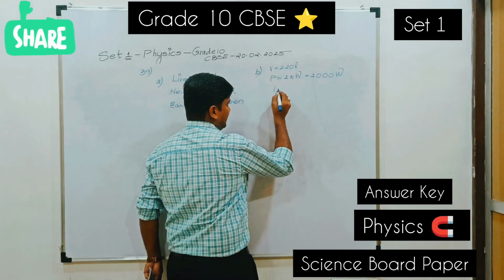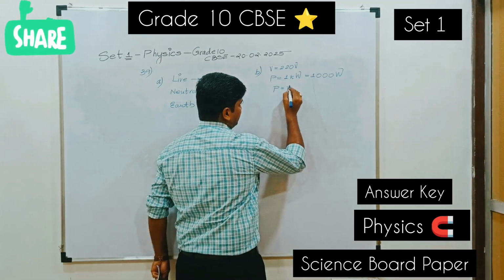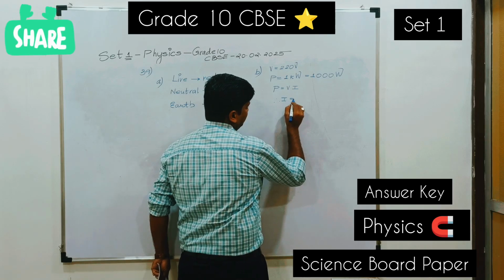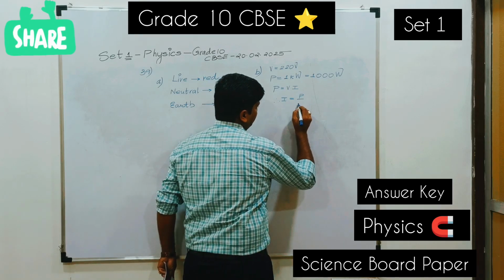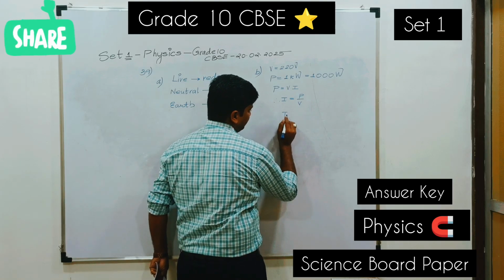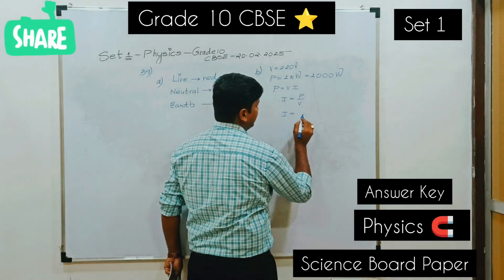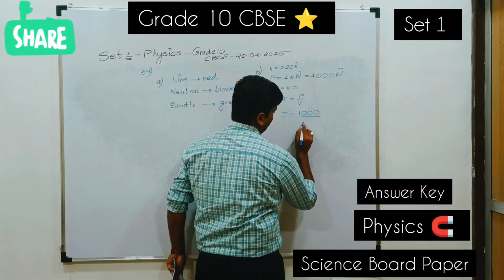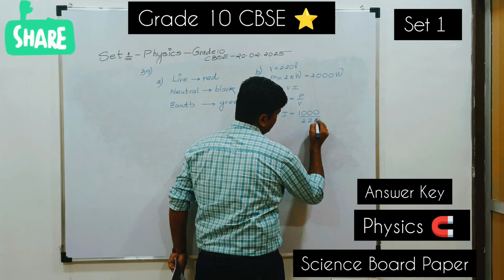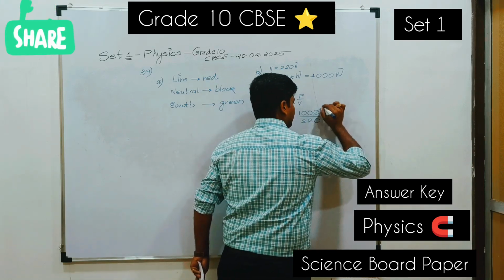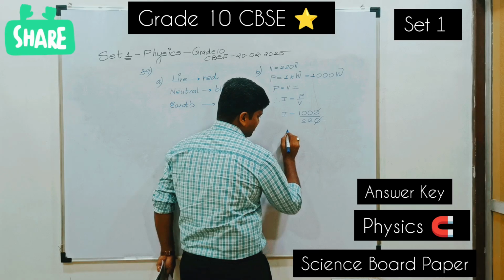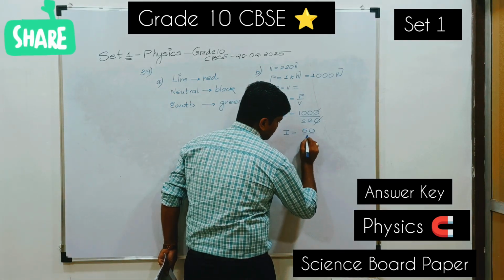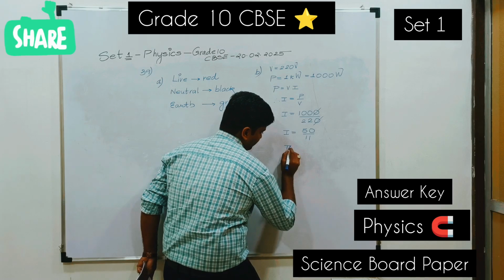Since we need to find the electric current rating, P is equal to V times I. So I is equal to power by voltage. The power is 1000 and the voltage is 220, so I can cancel this.